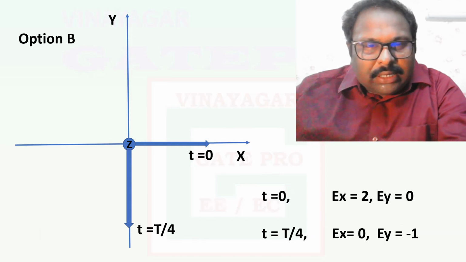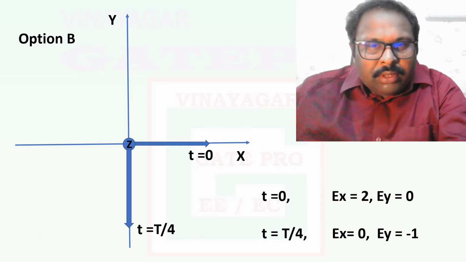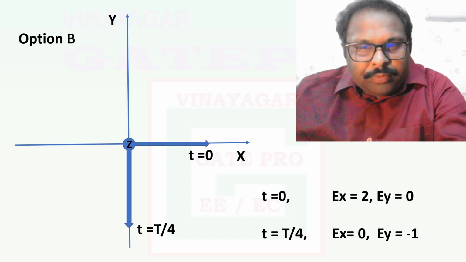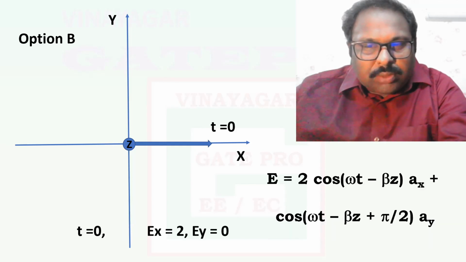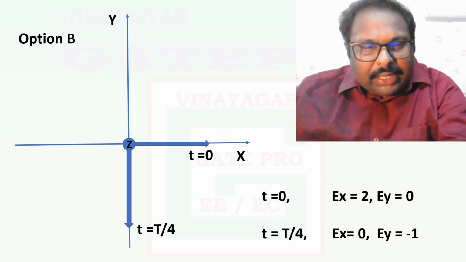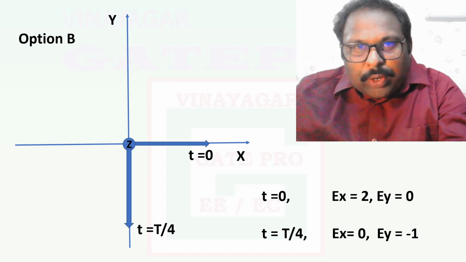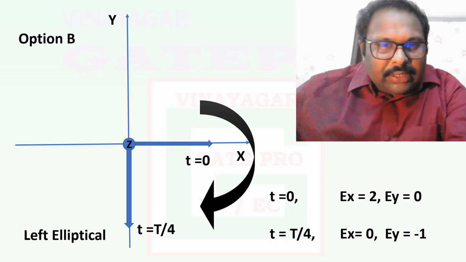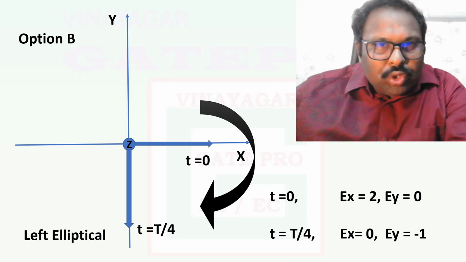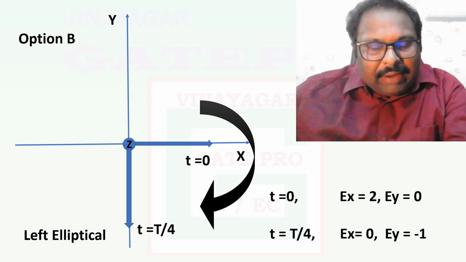If you check it at t by 4, Ex is coming to be 0, Ey is coming to be minus 1, because pi by 2 plus pi by 2, cos pi is minus 1. I'm putting it at t equal to t by 4, so omega t is pi by 2. So this is what you get. Clearly this is also going left. So option A, option B are left and left.